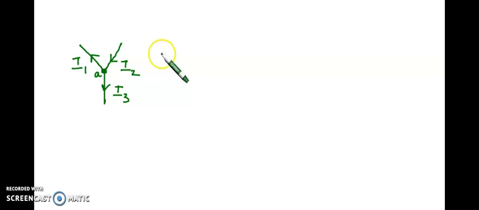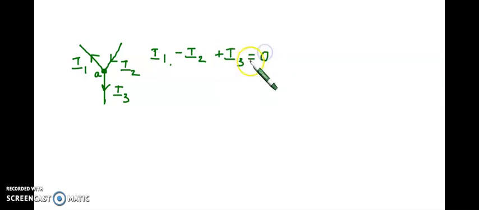So we can write the equation KCL for node A as I1 minus I2 plus I3 is equal to 0. This is the basics you should know for applying KCL for your problems.